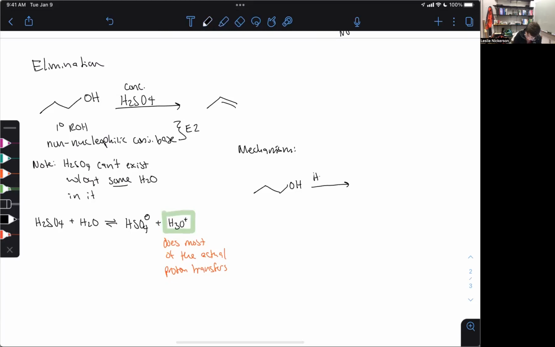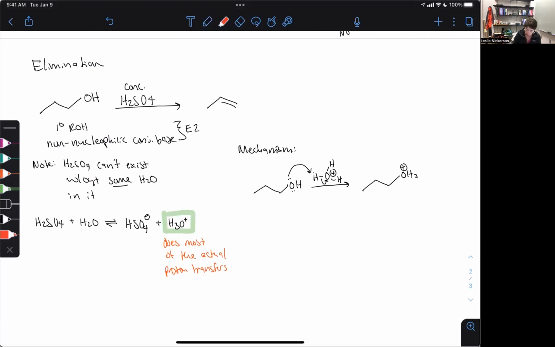Okay, so I'm going to use H3O+ as my little proton shuttle. First thing, I'm always going to protonate. Pretty much in all of these alcohol with acid reactions, the first thing you should do is protonate and then think about what you need to do after that.